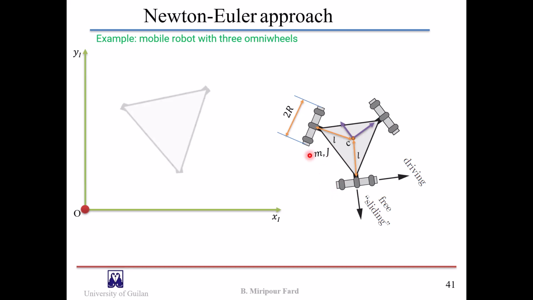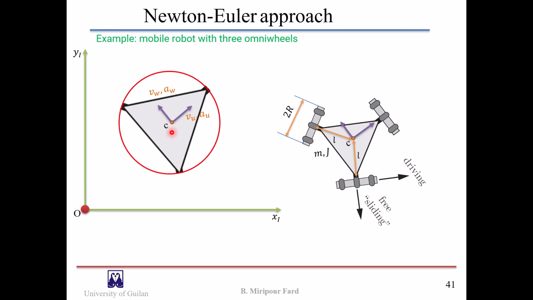Similar to the diff drive robot, if the acceleration of the center of mass is given, the free body diagram for the chassis can be drawn as you can see here. We have 3 forces, F1, F2, F3 for the wheels, and the angles of these forces with the U direction are phi 1, phi 2, and phi 3 respectively.